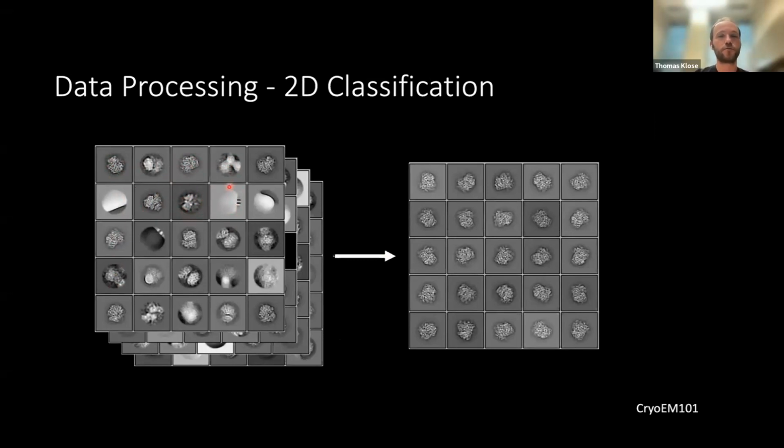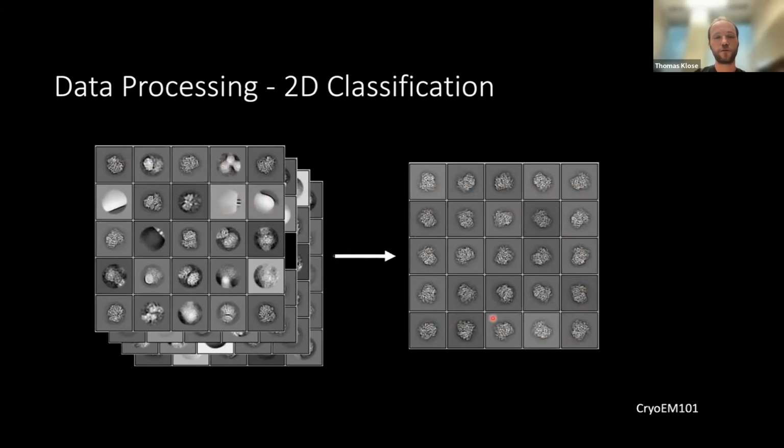So what you want to do is a 2D classification. The program will look at all these individual particles and combine those that are similar and give you an average. These are all 2D views of your protein from your micrograph, and it would put these contaminants into a separate class and you can easily sort them out.